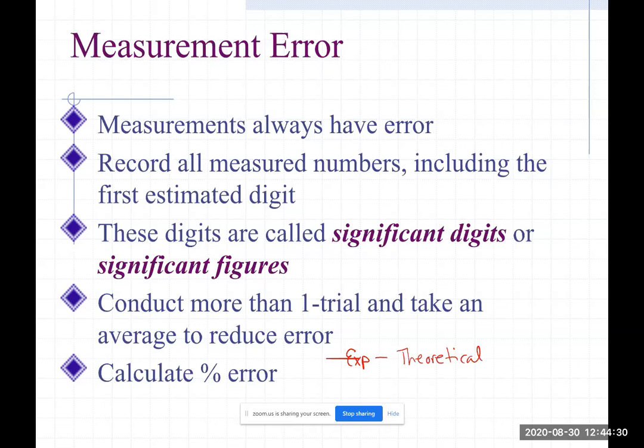The other way that you can get a theoretical value is by calculating it. And we're going to divide that by the theoretical value and multiply it by 100, and that's going to give us percent error.